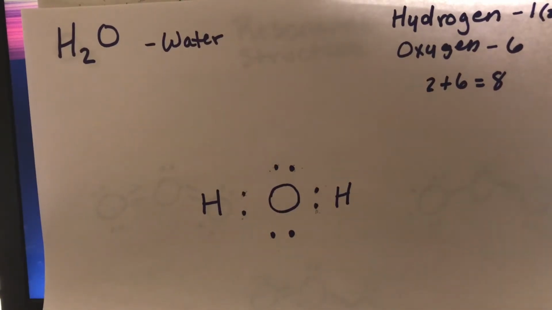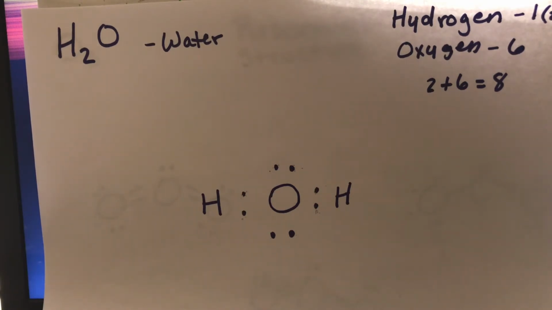For example, hydrogen is in group 1 on the periodic table, so it has 1 valence electron, but the subscript tells us that we have 2 hydrogens, so we need to multiply that by 2. Oxygen is in group 6 and has 6 valence electrons, and when we add 2 plus 6, we get a total of 8 valence electrons for H2O.